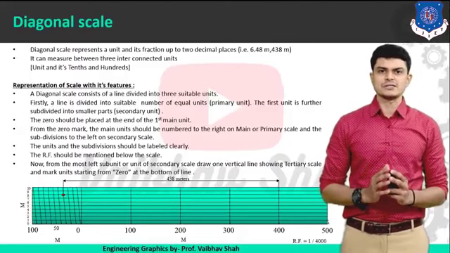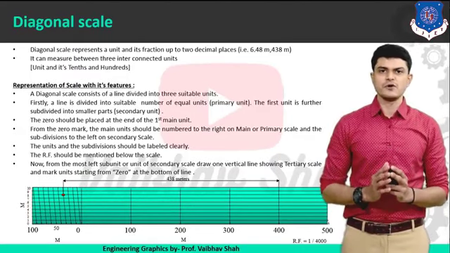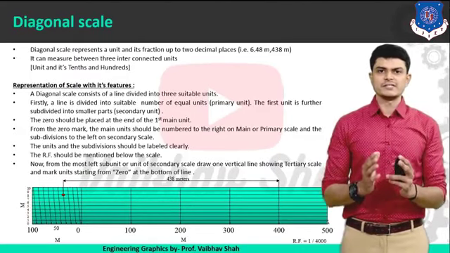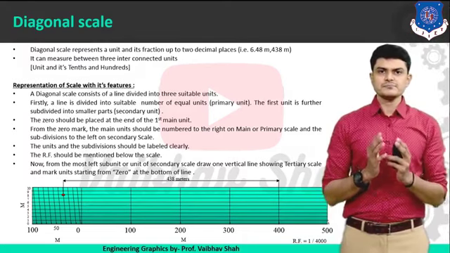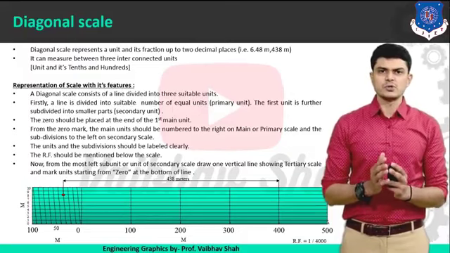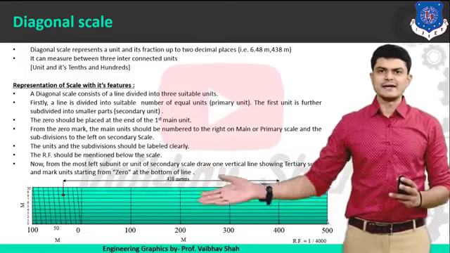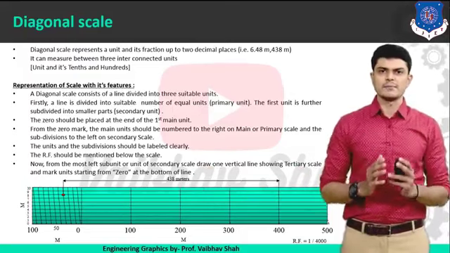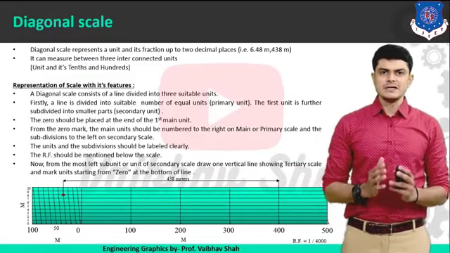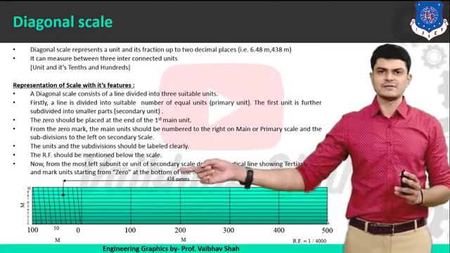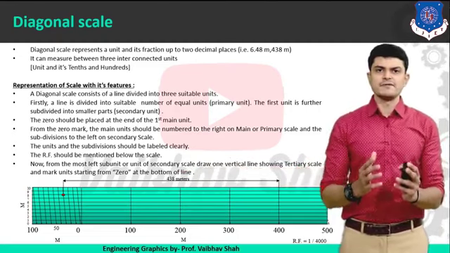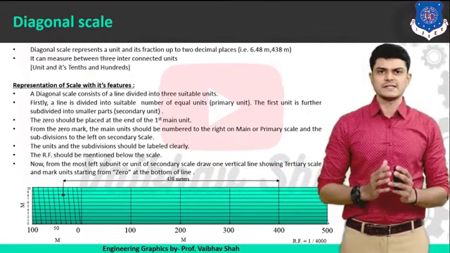So how to construct a diagonal scale? First of all, we need to find out which is your primary or main unit. After that, the first task would be to draw one straight line and divide this straight line into a suitable number of equal parts. After dividing this line, you should divide the first division of that line into subdivisions, your secondary scale.